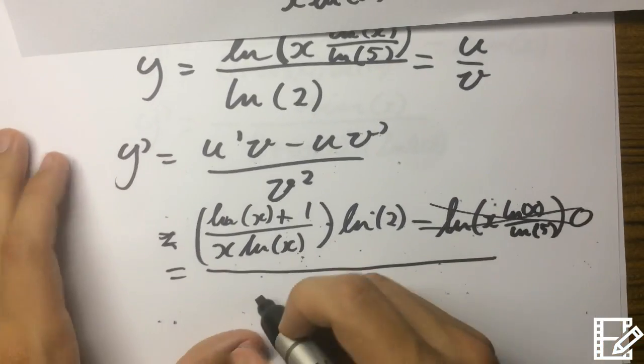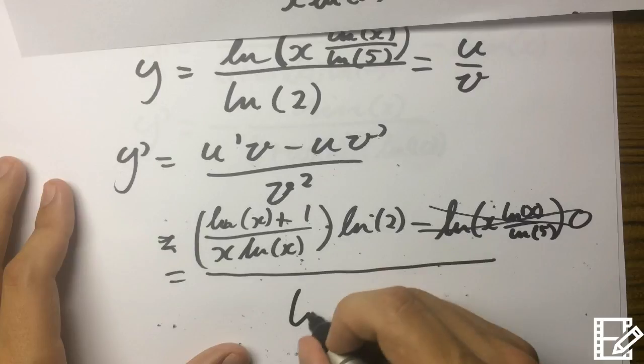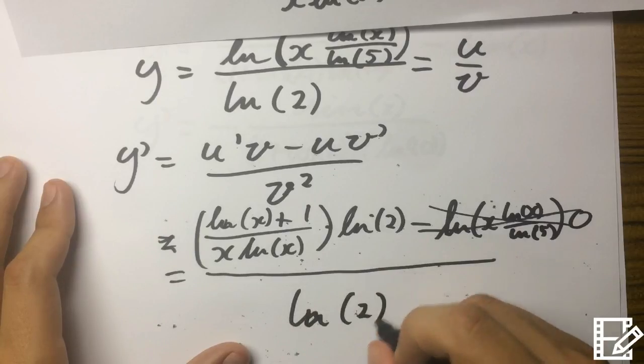Therefore this whole bit cancels out. And the bottom is v squared, which will be ln of 2 squared.